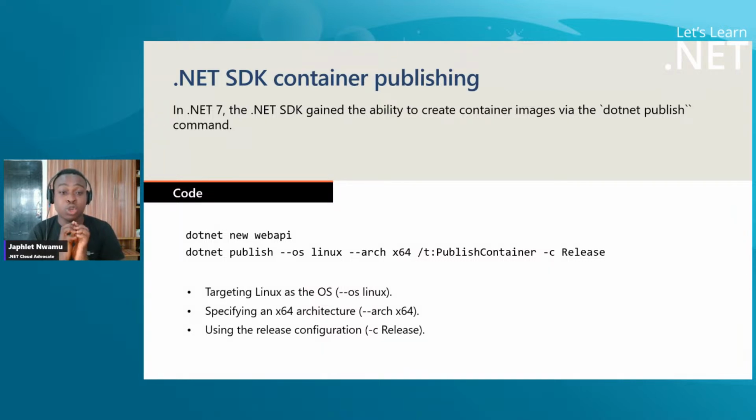It gives you the ability to use a command known as dotnet publish to publish your entire solution. As we are going to see from the code base and from the solution we're going to build, all you have to do is create your container, and then once you have created it, you just publish it using the dotnet publish feature.